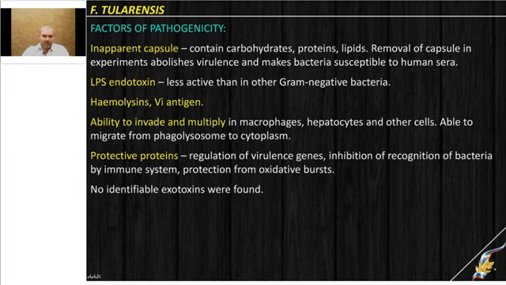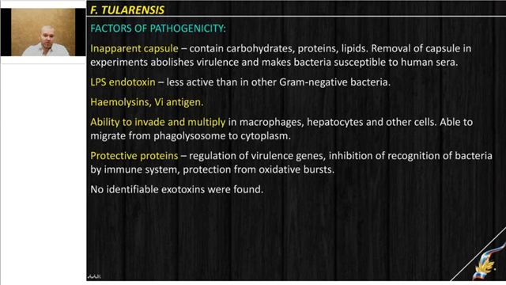It has a number of protective proteins. I will not list many of them, because they are difficult to describe in the current lecture. The main tasks of those genes are, first, regulation of virulence genes, which cause some factors of pathogenicity. They can inhibit specific receptors and inhibit recognition of the bacteria by innate immunity.